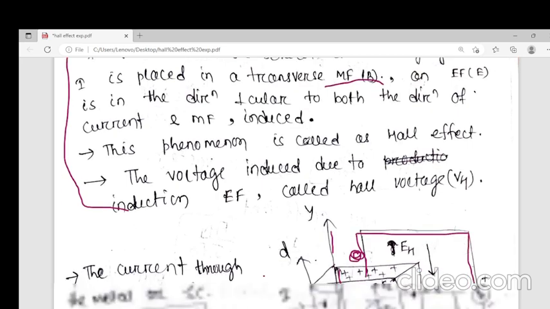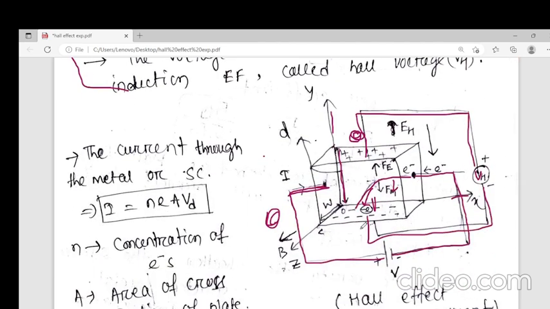That means you are taking a metal with the magnetic field in Z direction and the current in X direction, and the electric field should be in the direction perpendicular to both the current and the applied magnetic field.